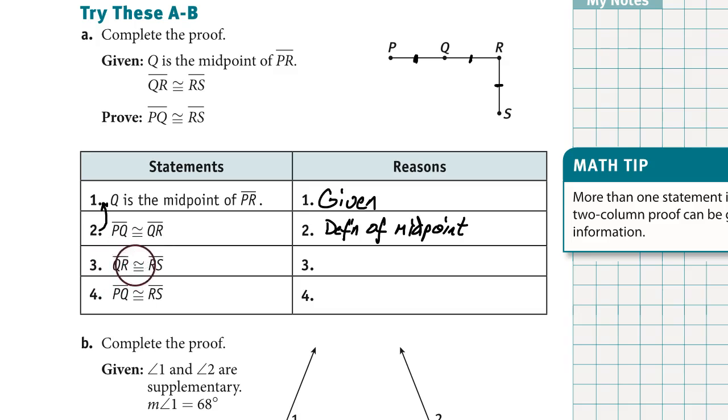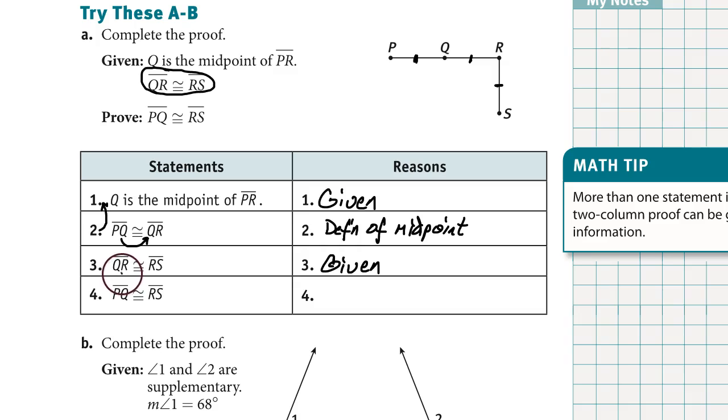Okay, third statement. Segment QR is congruent to segment RS. Where did this come from? Why make that statement? That was given to us. So that's given. Final statement. Segment PQ is congruent to segment RS. We have to have a reason for making this conclusion. Let's look back at what we had stated previously. PQ is congruent to QR.